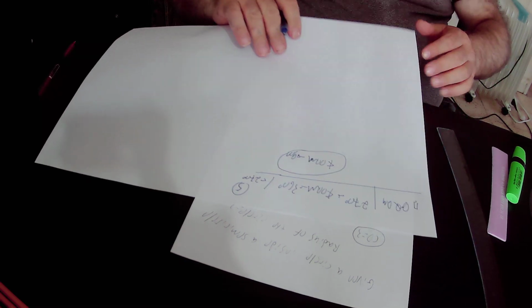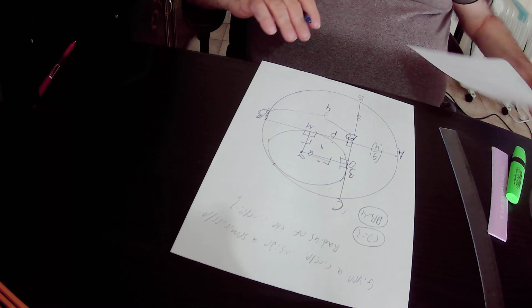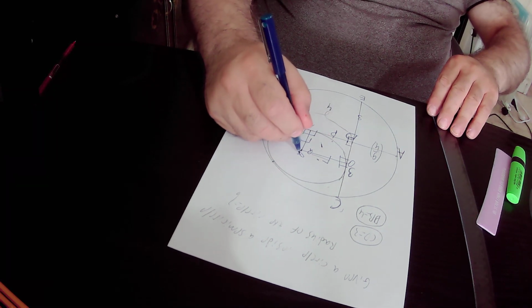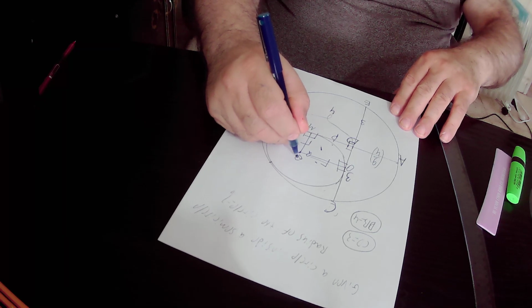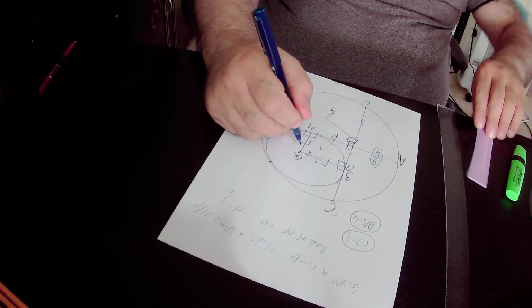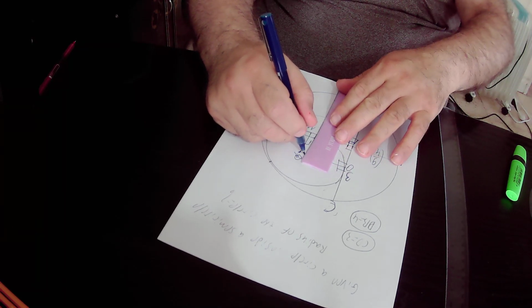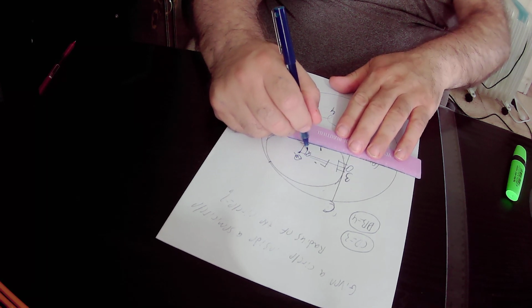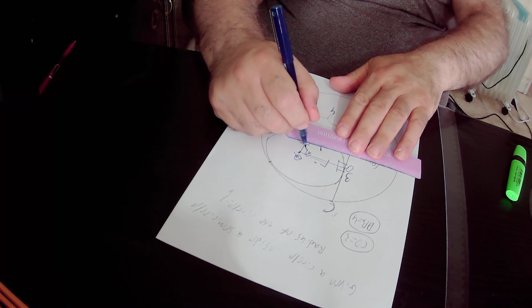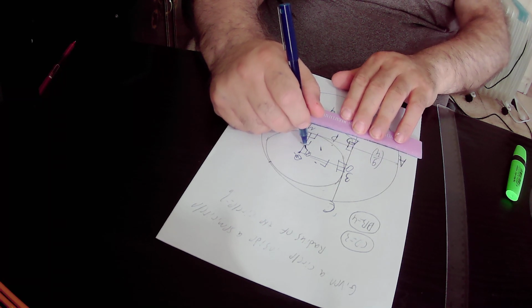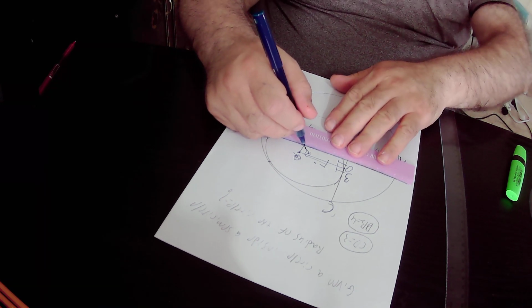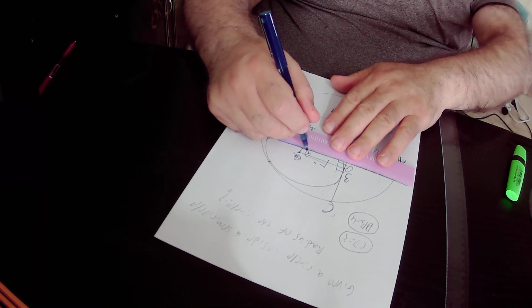So we found that the missing angle OQM is a right angle, equal to 90 degrees. Okay, so this angle equals 90 degrees.